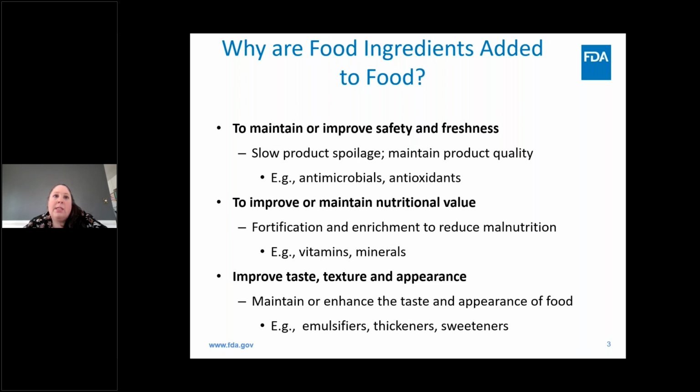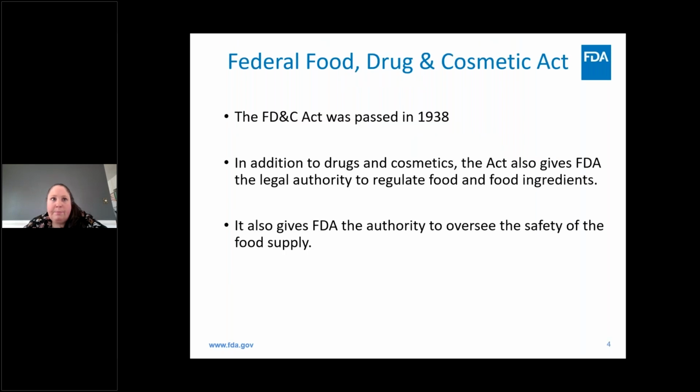And finally, some ingredients can improve the taste, texture, and appearance of food. For example, spices can be added to help enhance the taste of food, and some additives help control the acidity of foods, while others will give foods the texture and consistency that consumers expect.